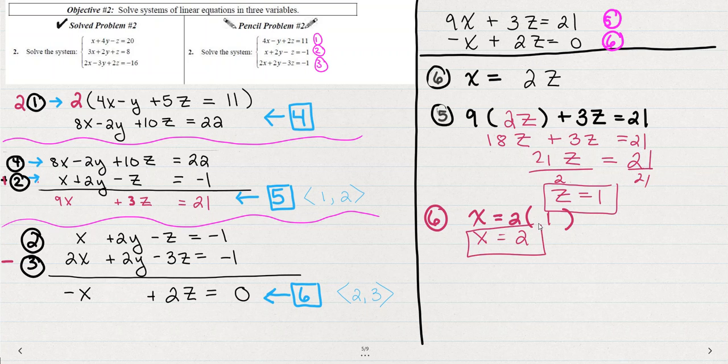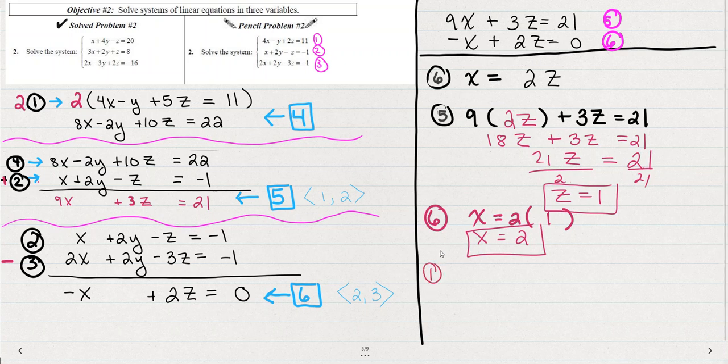I can go to any of our original equations or even our equation number 4. Best usually to just go to an original equation. And if I'm solving for y, I could pick any of those. I'm going to go ahead and pick the number 1.